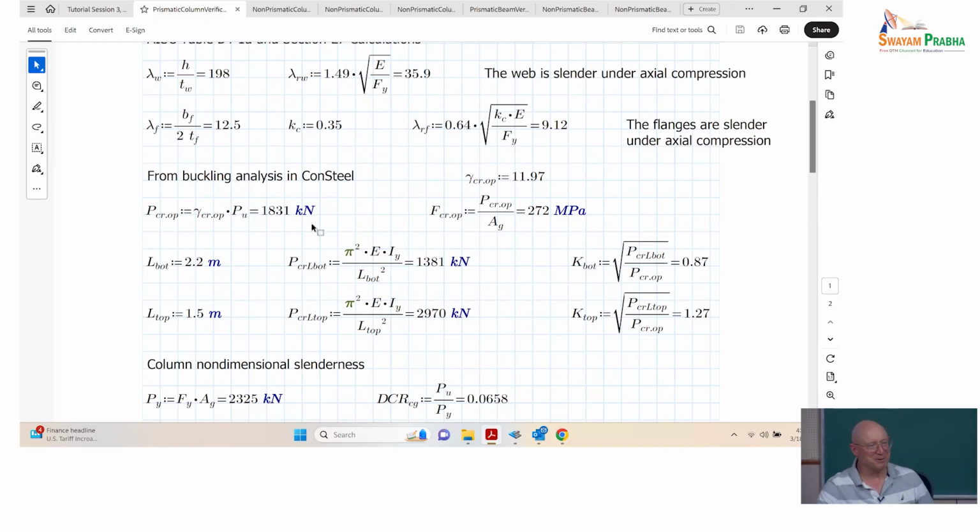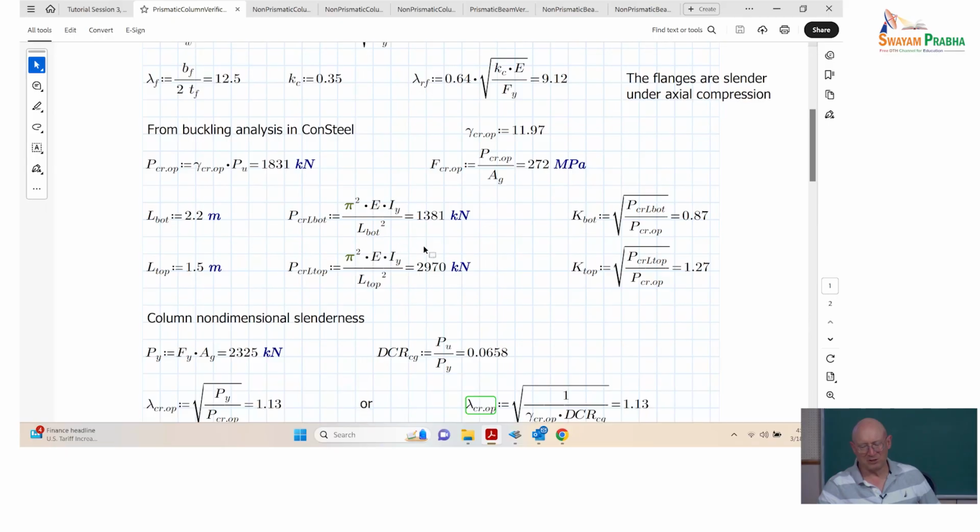We've got Consteel. We run the buckling analysis. We've got a buckling load. Okay, well, we can back calculate an effective length factor just to kind of understand where we are with things. So that's what I'm going to do next here. Or in terms of stress, the elastic stress on the gross cross section at theoretical elastic buckling is 272 megapascals. Okay?